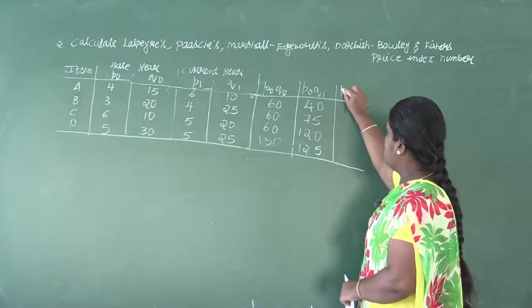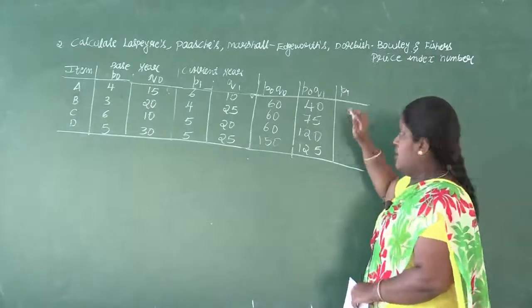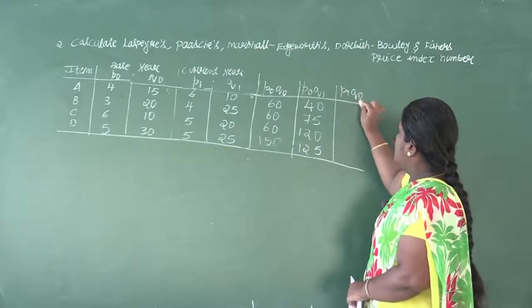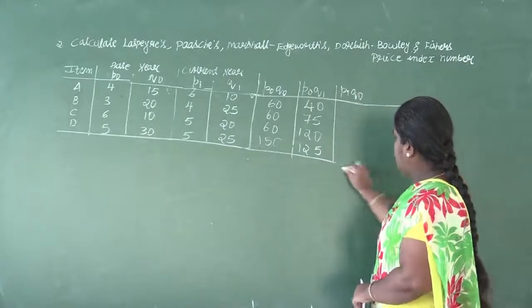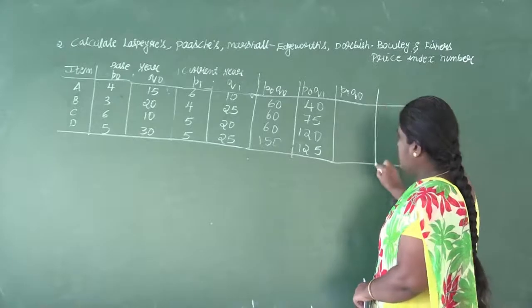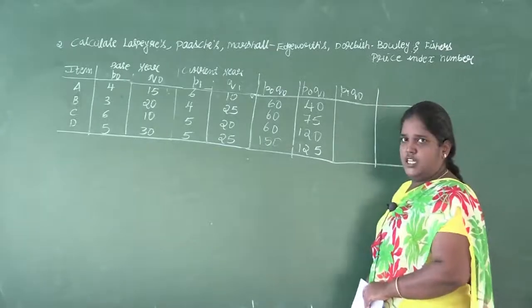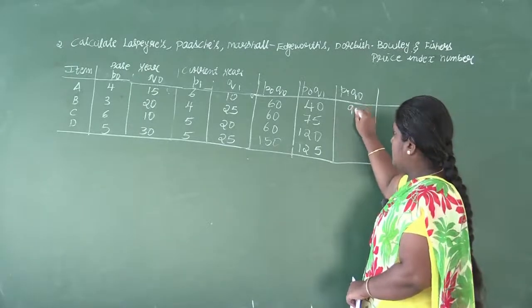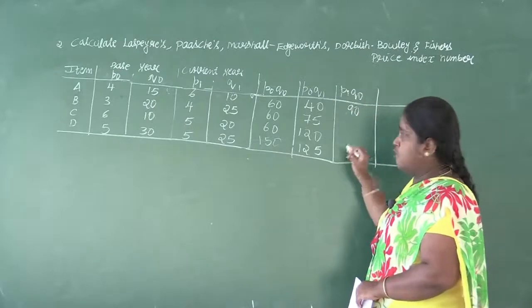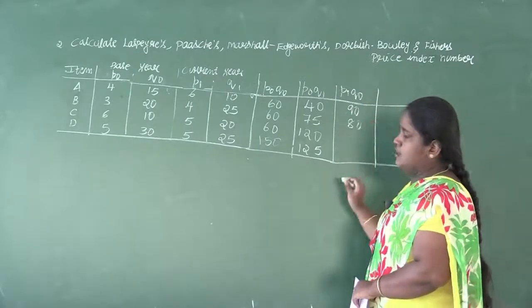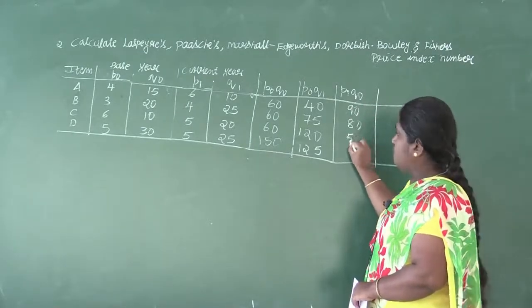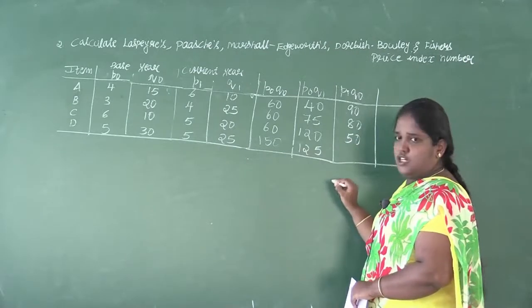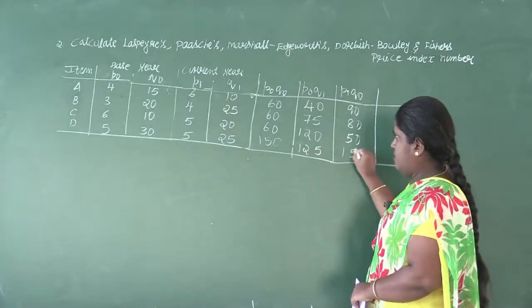Then we have to do with the current year price. So current year price and the base year quantity. So P1 Q0: 15 into 6 is 90, 20 into 4 is 80, 10 into 5 is 50, 30 into 5 is 150.